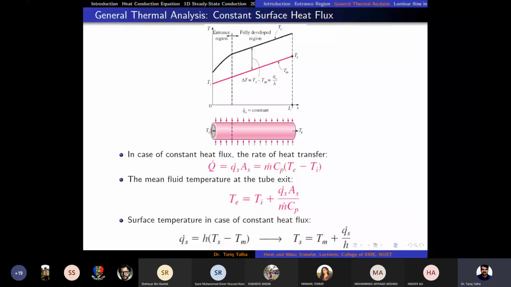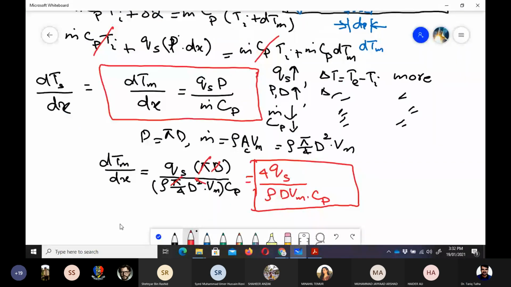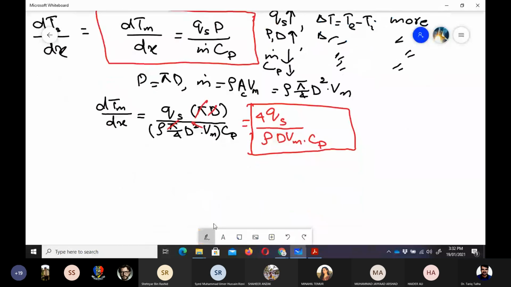Now, that was the discussion about the constant surface heat flux. So now we are going to discuss the second boundary condition, which is constant surface temperature.